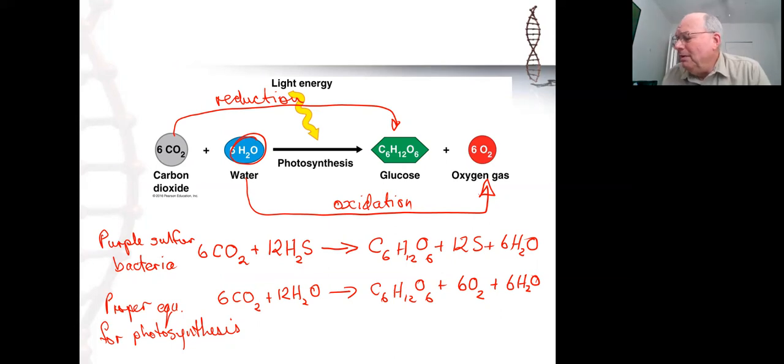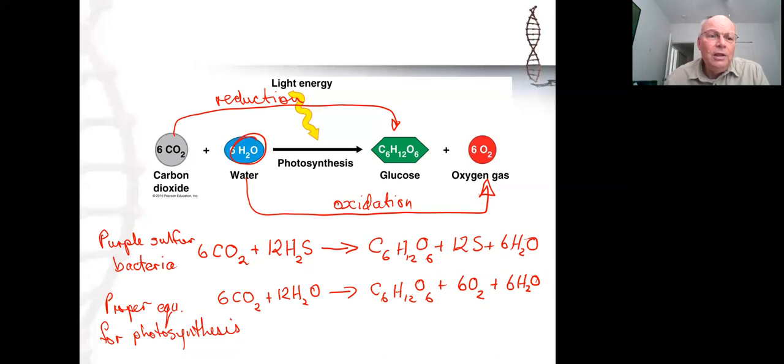But subsequently, in the 1960s and 1970s, it became possible to prove it, because it turns out that oxygen comes in 2 isotopes, oxygen 16, which is the normal one, and oxygen 18, a little bit heavier. And you can isolate both carbon dioxide and water that contains oxygen 18 instead of oxygen 16. If you feed plants with oxygen 18 containing carbon dioxide, just as Van Niel predicted, none of the oxygen comes out as oxygen gas.